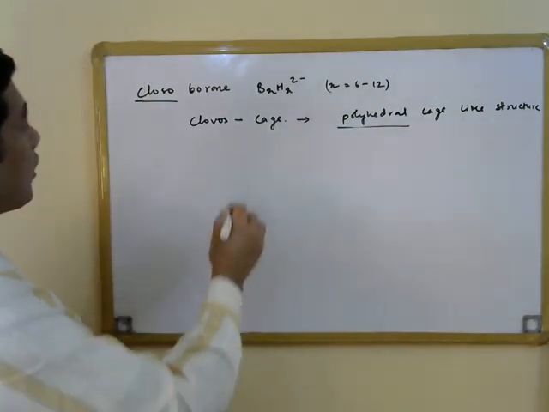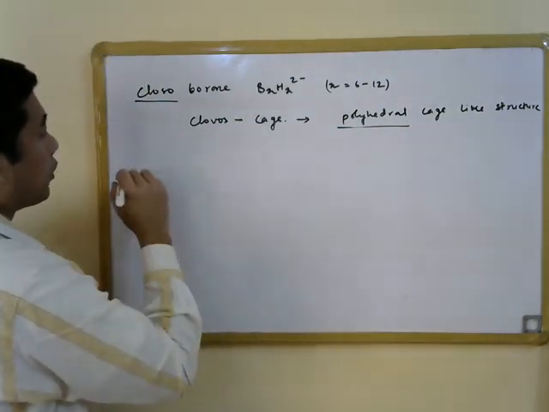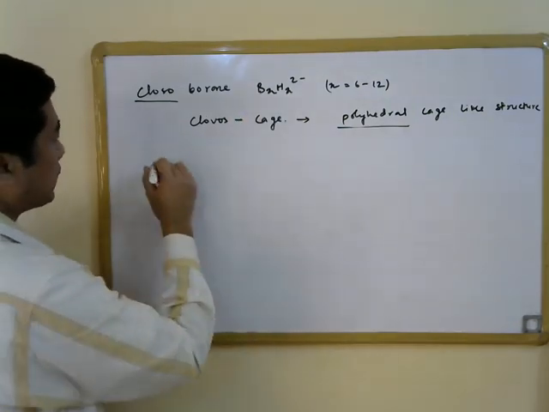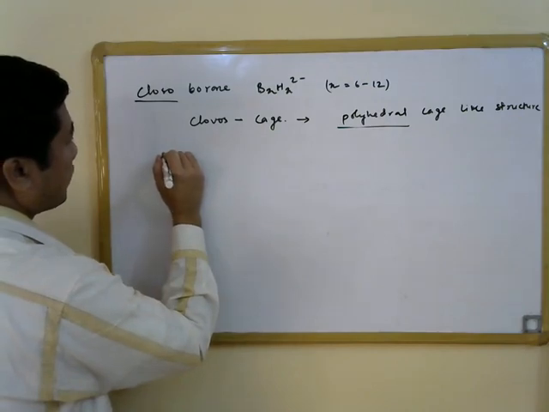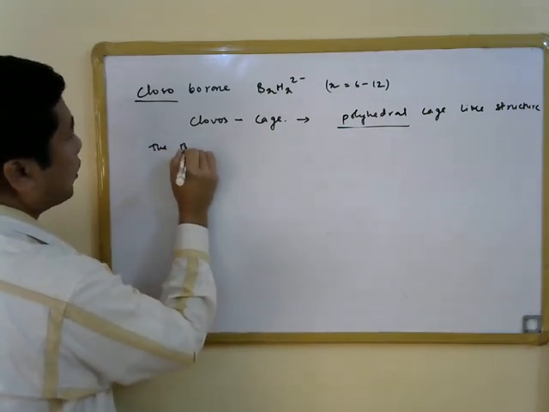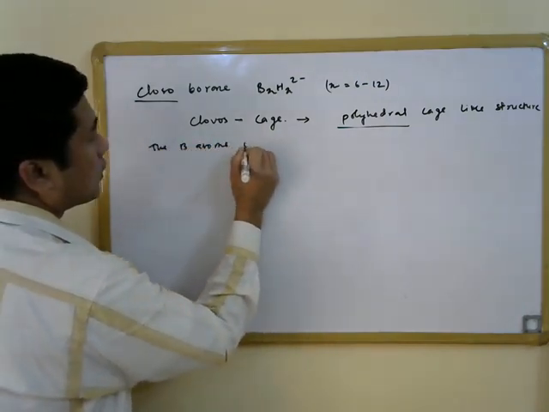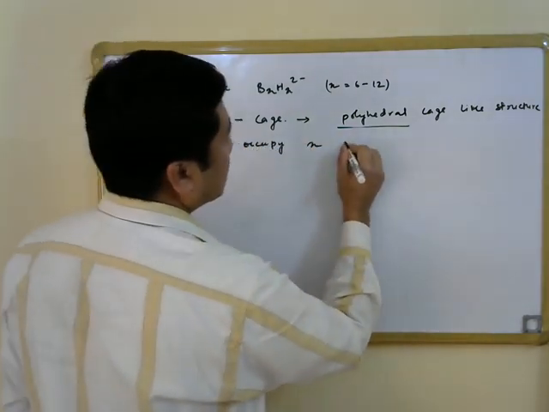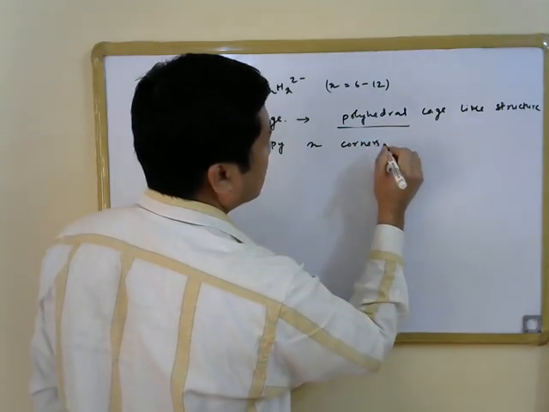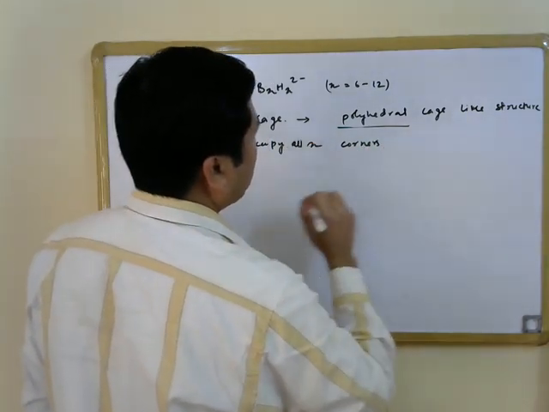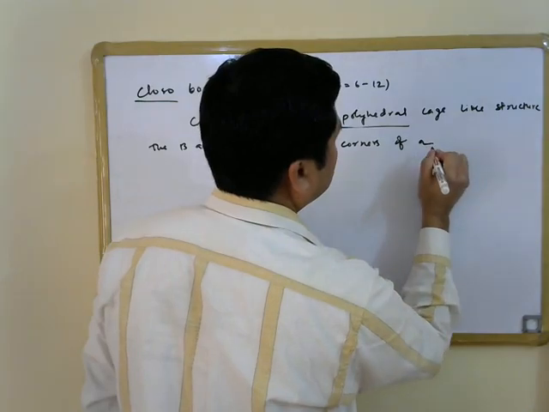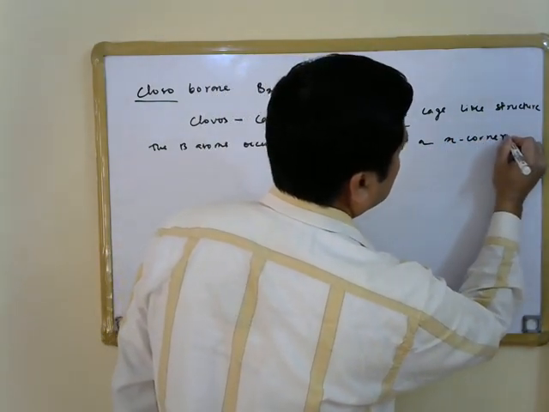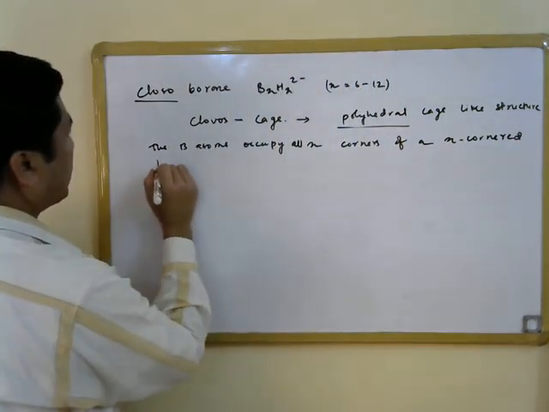Now, in case of a closoborane, the n boron atoms occupy all n corners of a n-cornered polyhedron.